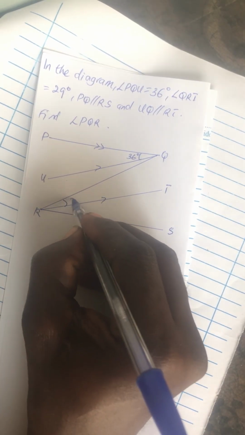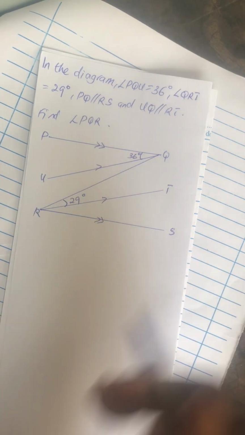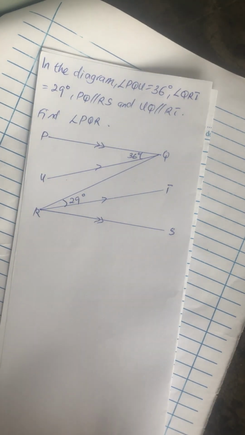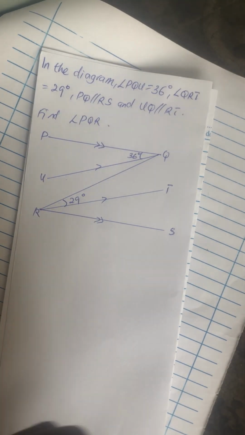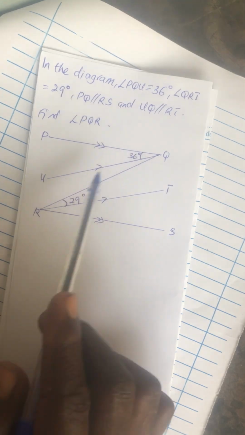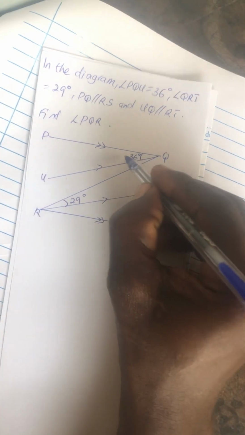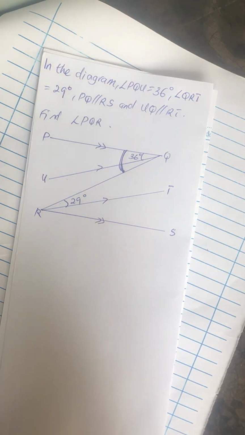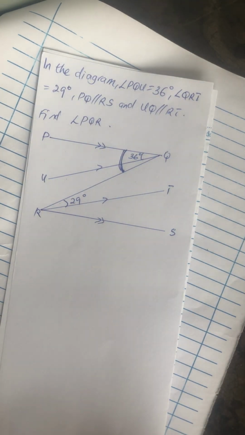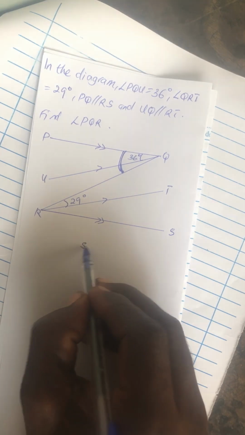This is our angle. We are asked to find angle PQR. Where is that angle? This is the bigger angle we are asked to find. Let's look at the solution here.